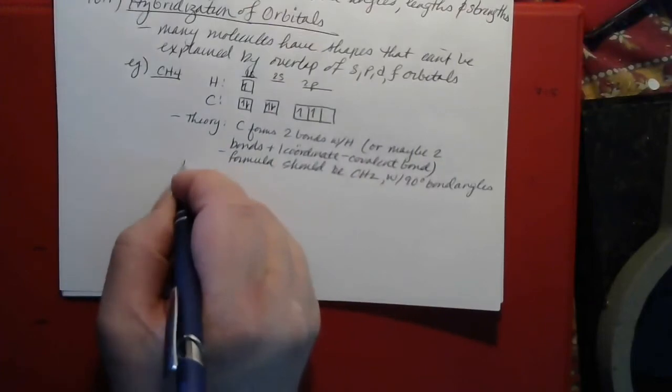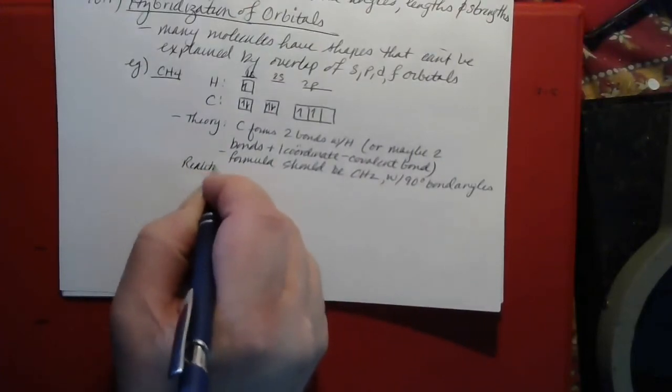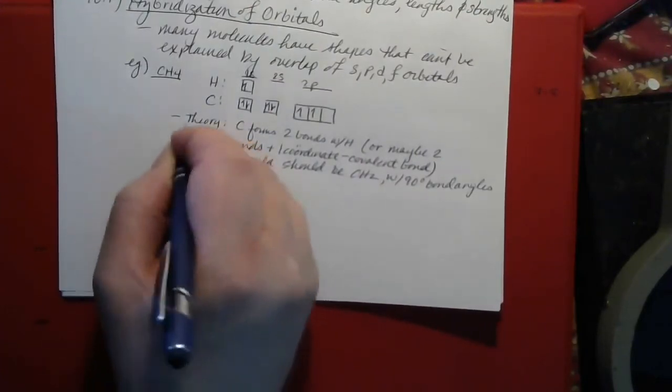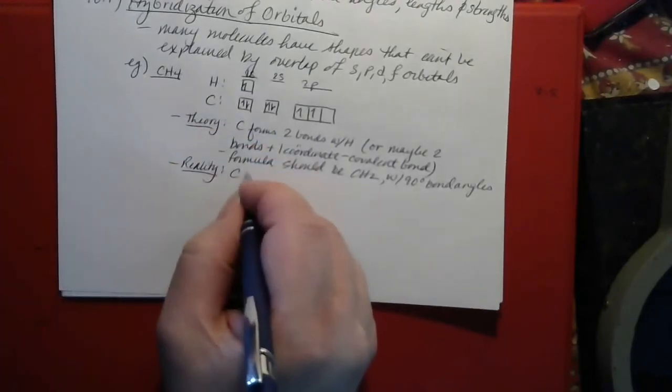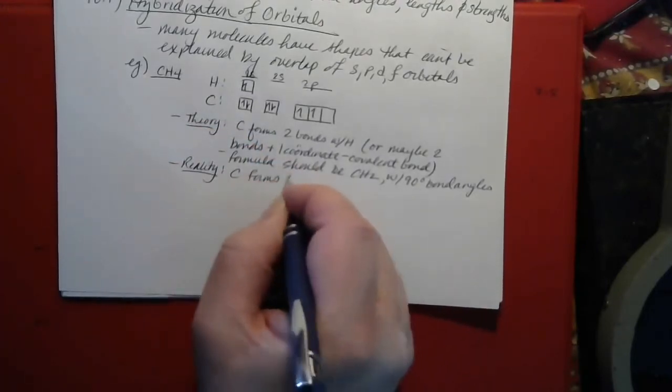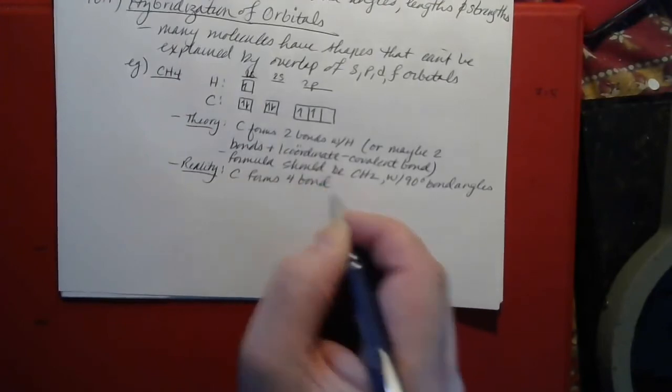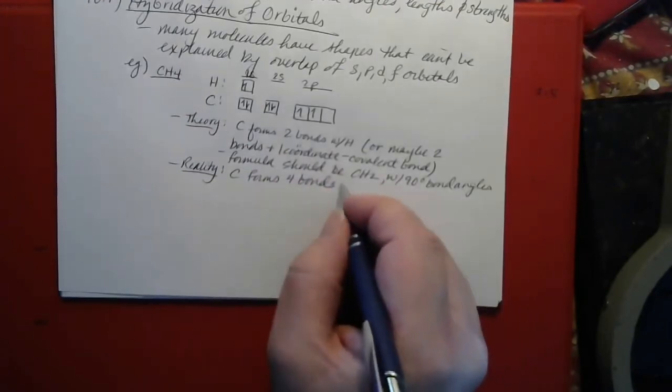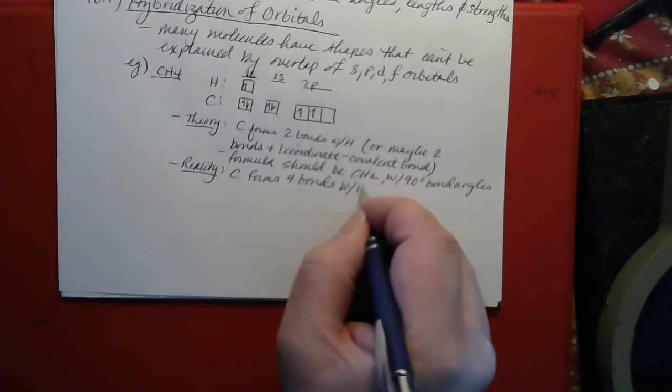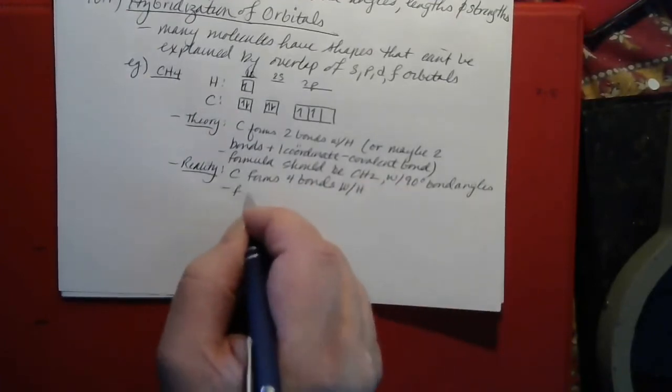Actually, carbon forms 4 bonds with hydrogen, and the formula is CH4.